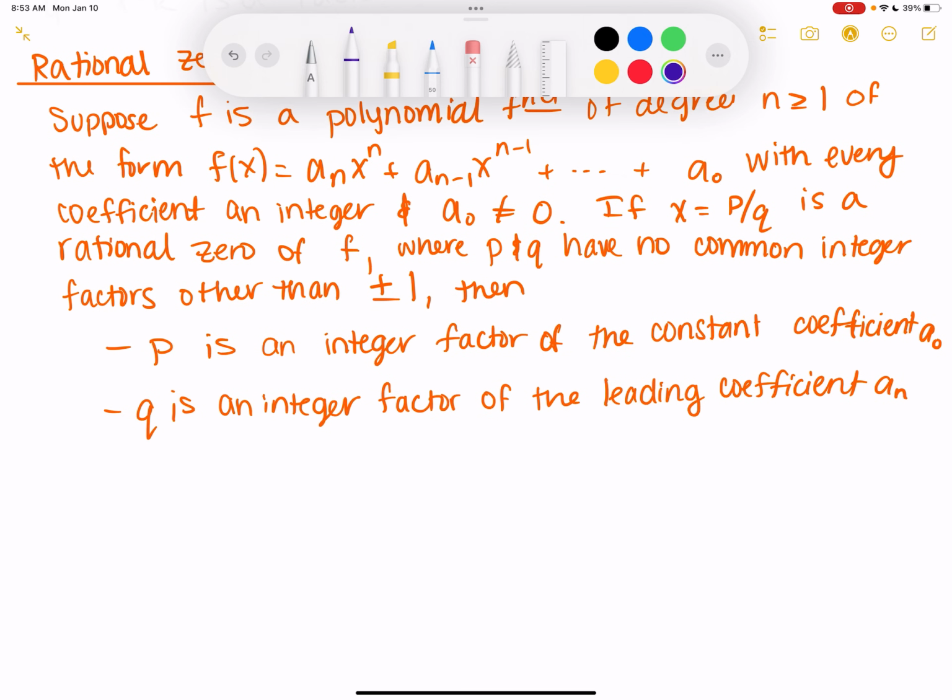Alright, one more semi-long note thing. There won't be 2 examples. Alright, upper and lower bound test for real zeros.